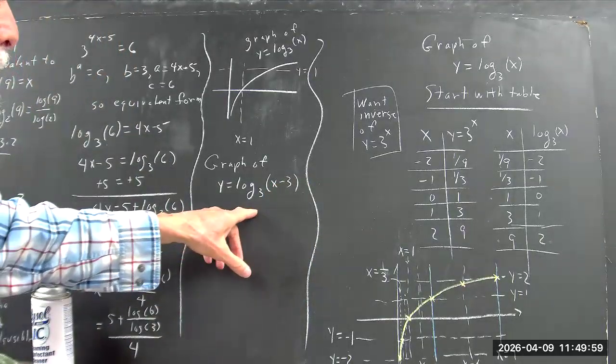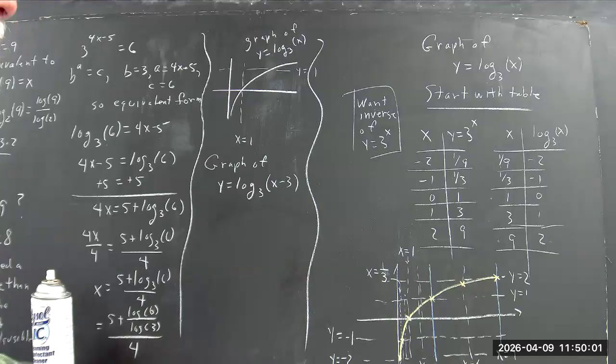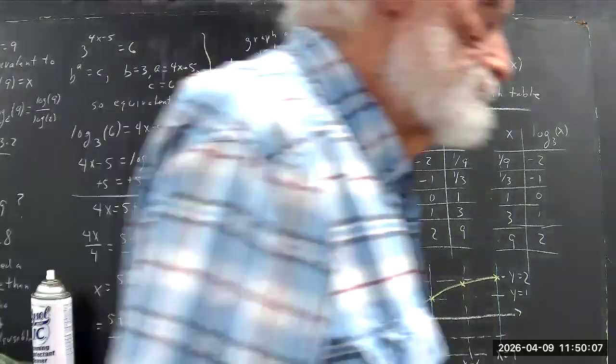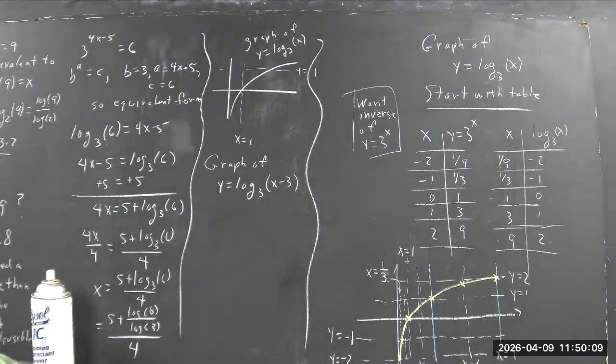What would the graph of y equals log base 3 of x minus 3 look like? Well, what kind of transformation do we have? We'll talk about this for a second.